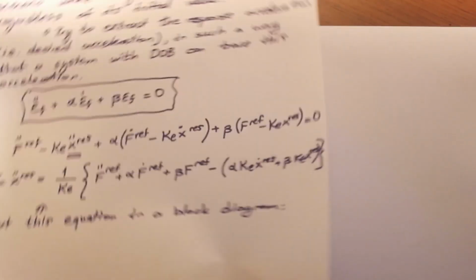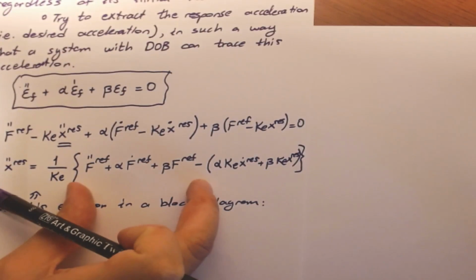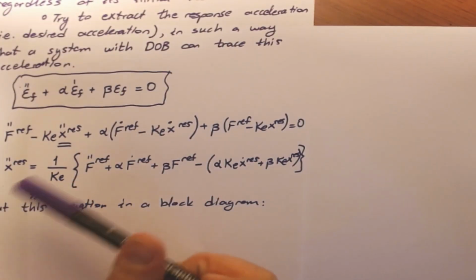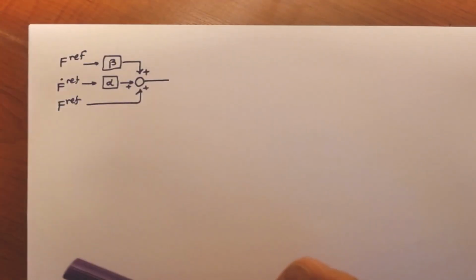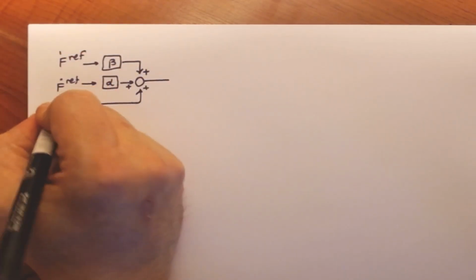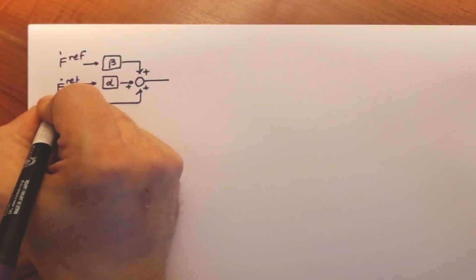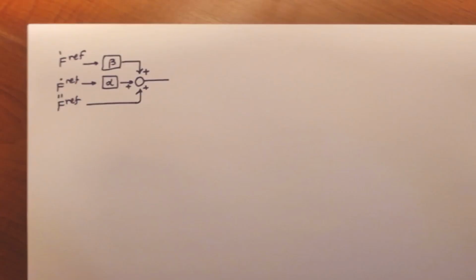This is the left half of the equation inside the parentheses. So F double dot ref, alpha F dot ref, beta F ref. Oh, I'm sorry, I should have beta F ref. That's okay, there's no problem here. That's my mistake. That should be F double dot ref. Let me try to draw it for you from scratch.